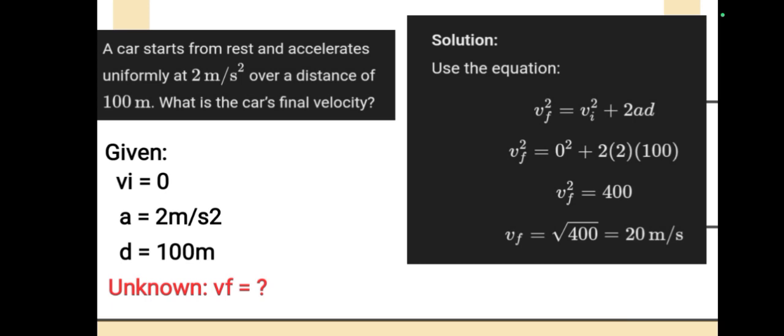So Vf is equal to the square root of 400. After we extract the root, we get 20 meters per second, and that is our final velocity. So the car's final velocity after a distance of 100 meters is 20 meters per second.